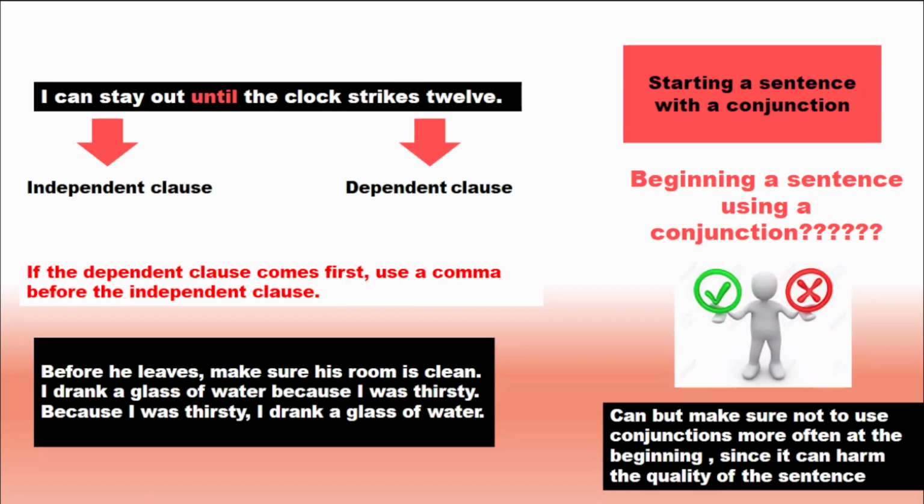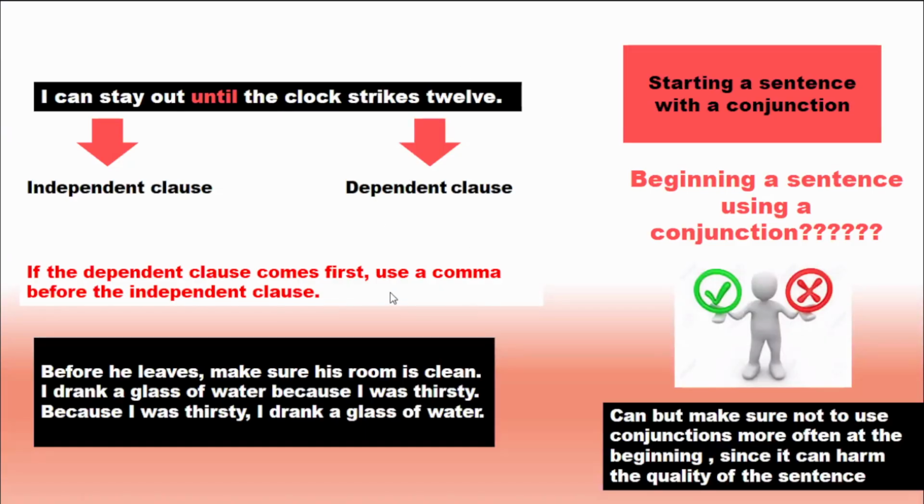Make sure not to use conjunctions often at the beginning. Don't use and and so on, since it can harm the quality of the sentence. In speeches people say and then and so on, starting a sentence with a conjunction. So I don't think that is nice. It's not wrong, totally, but it lowers the quality of the sentence and of the speech.